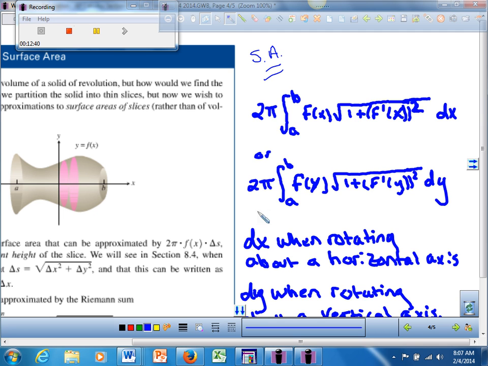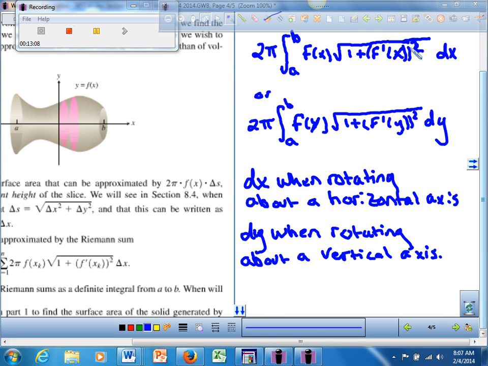Or if we are in terms of y, we have 2 pi, the integral from a to b, f of y times the square root of 1 plus f prime of y squared dy. And then my helpful hints are, you are in dx when you are rotating about a horizontal axis, and you are in dy when you're rotating about a vertical axis.